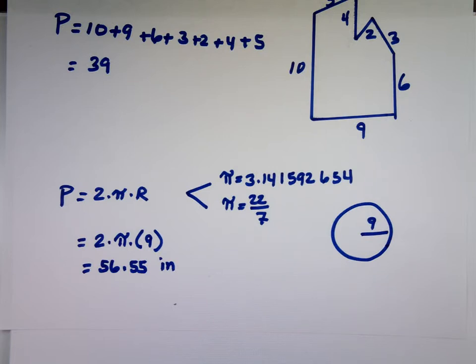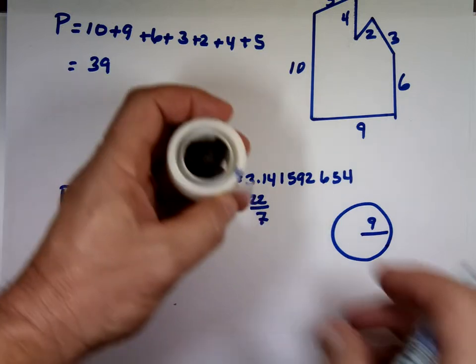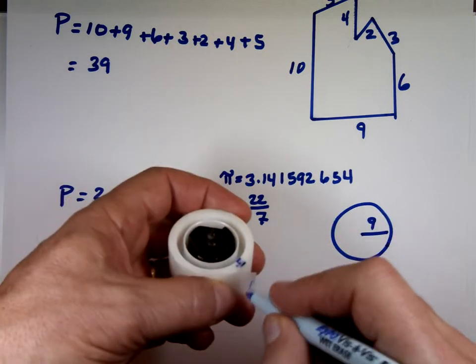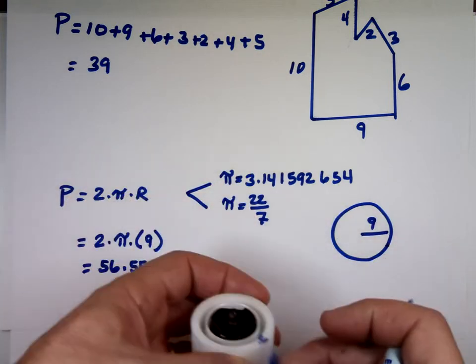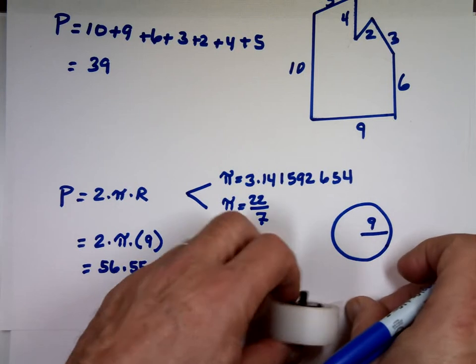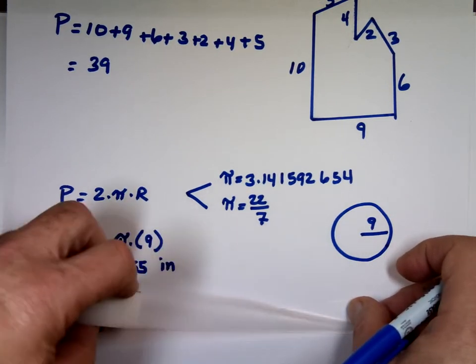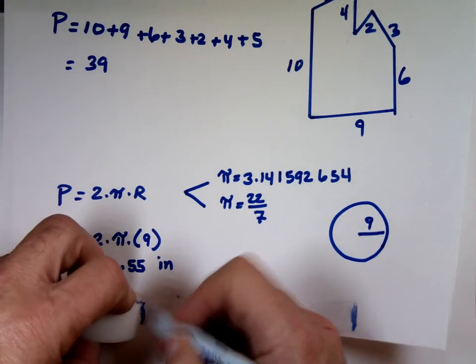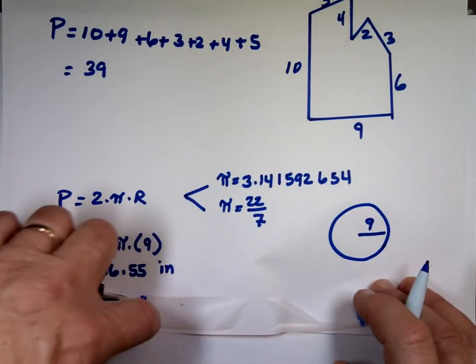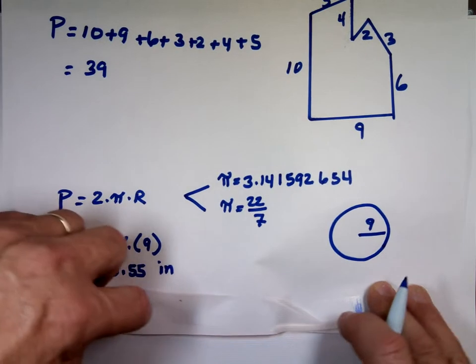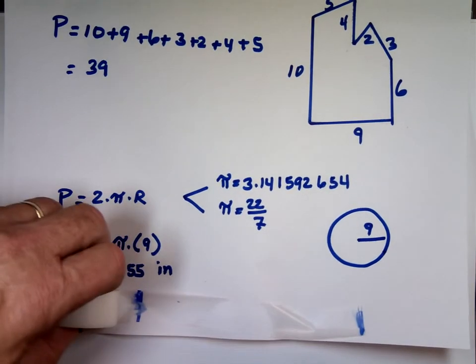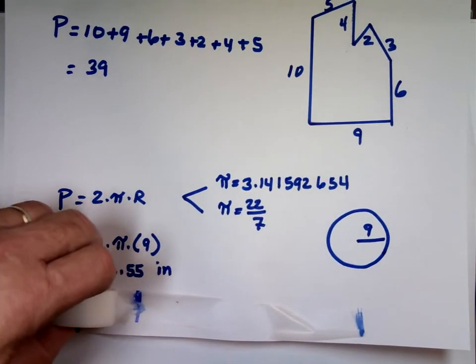If I mark a beginning of the tape, can you see that beginning here? And if I stick that beginning right here to my paper, and I go till it reaches the other, where's the other end? Right here. That's actually what the circumference is for one turn. Can you see it from end to end?